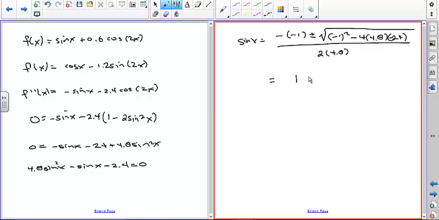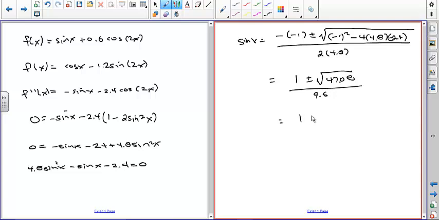So that's 1 plus or minus, get my calculator out. So that's 1 plus 4 times 4.8 times 2.4. So that's plus or minus the square root of 47.08 divided by 9.6. Square root of that is 6.86.